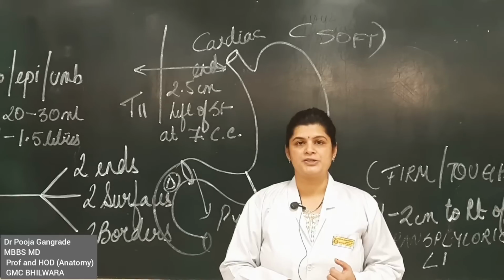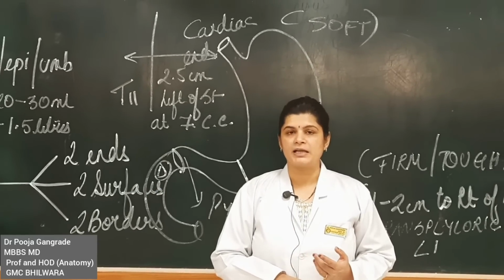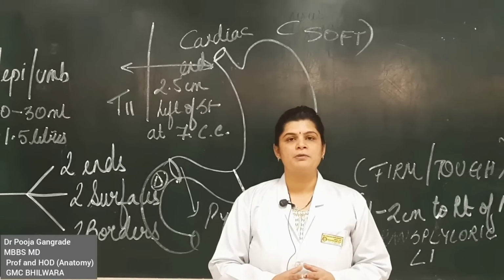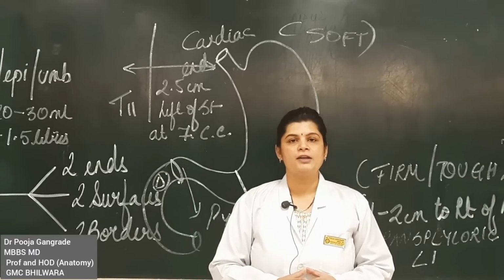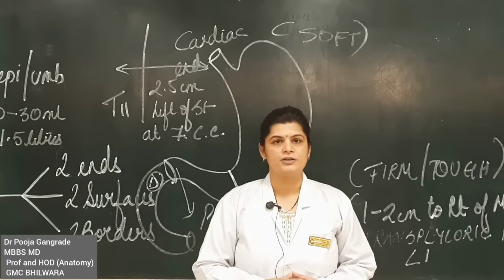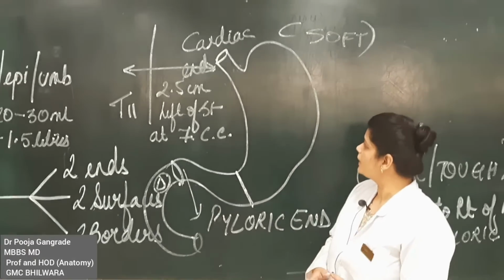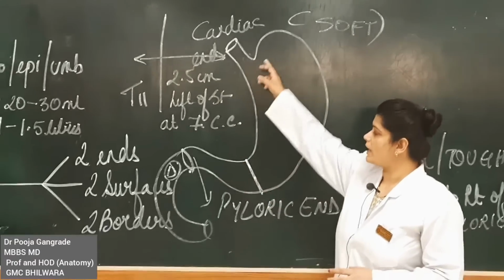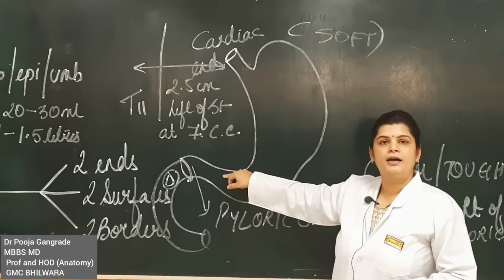First born male child, remember this, first born male child, it is genetically predisposed. So you must keep in mind the condition of pyloric stenosis when you are trying to treat a newborn infant in your clinic. Okay, so with this we finish with the two ends of the stomach.